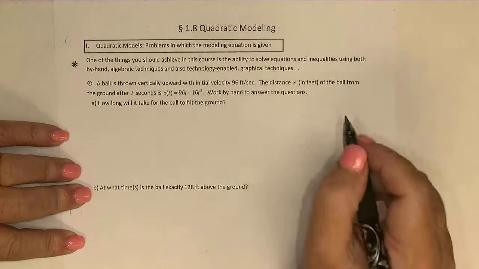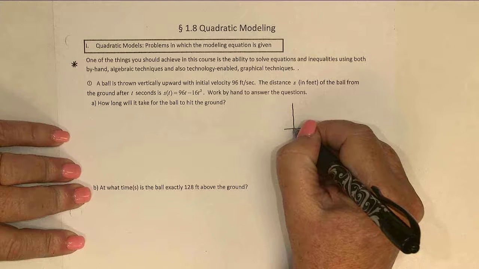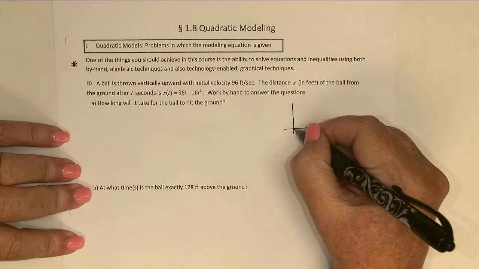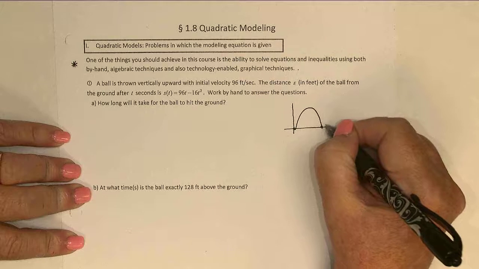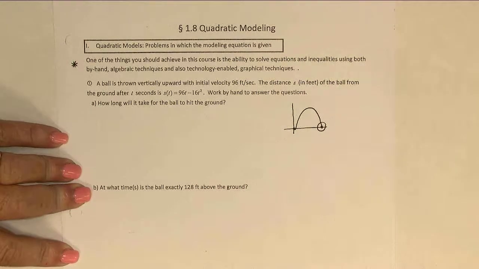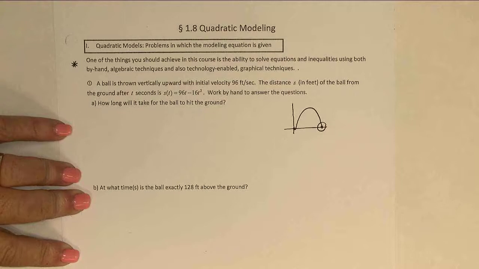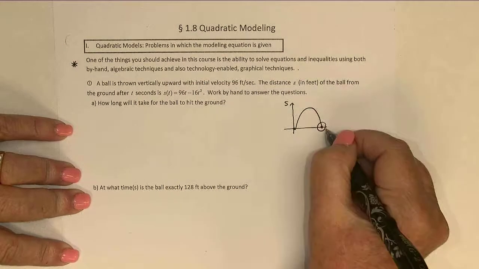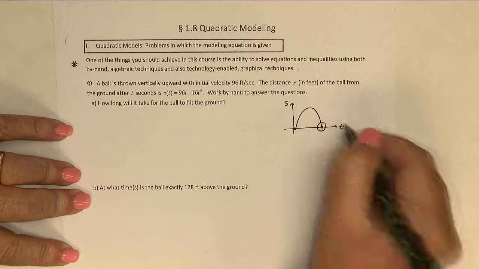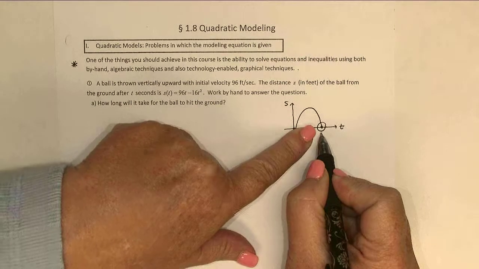So you can imagine what's happening here. Our ball starts here at the ground. It goes up in the air, comes back down, and hits the ground again. We're really looking for that spot right there where the ball hits the ground. Now, if this is S, and that's T, that would be the place where S is equal to 0, which makes sense.